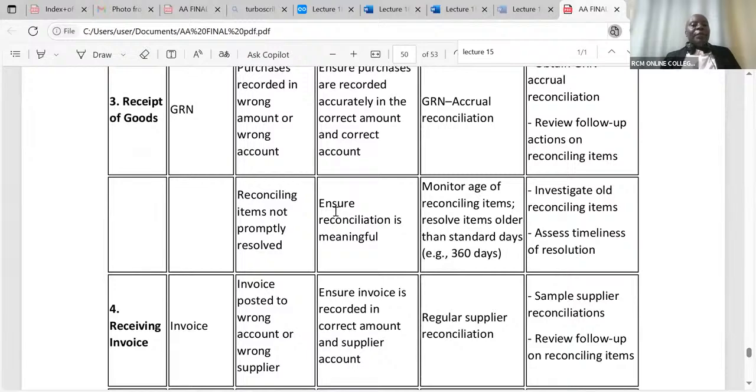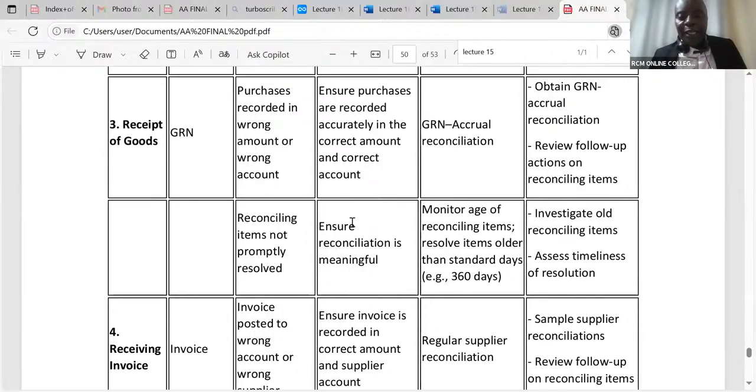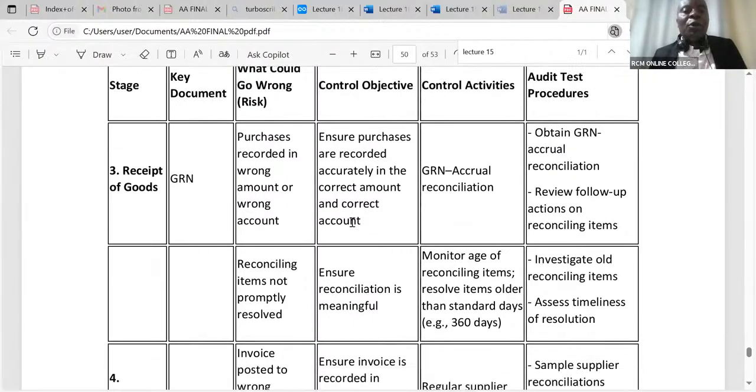The control objective here will be to ensure reconciliation is meaningful. If we are not getting a solution to non-reconciling items as fast as possible, then the entire reconciliation will not be meaningful. Then what will be the control activity?